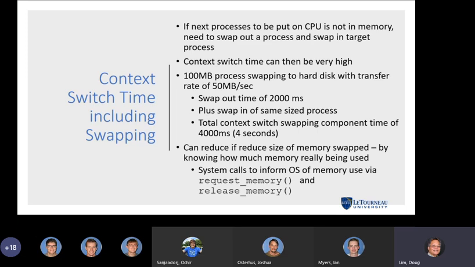And so here we start looking at possibilities of only swapping out a portion or portions of a process's memory and leaving as much as we can in.